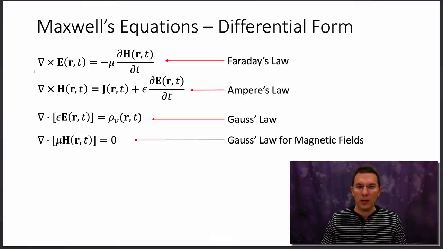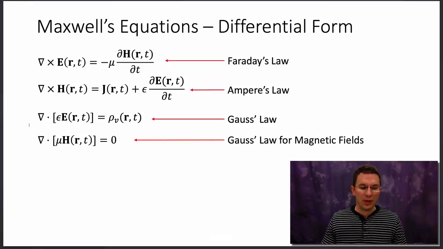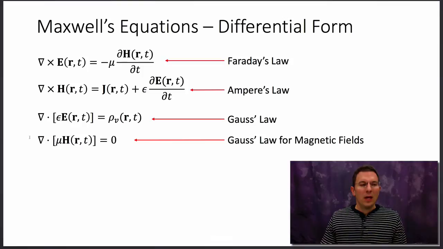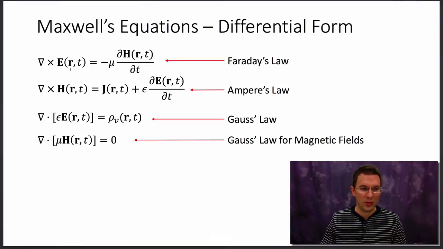But nonetheless, we have four of them. We have Faraday's law, Ampere's law, Gauss's law, and Gauss's law for magnetic fields. And if you'll notice, in the most general case, the fields depend both on position and on time.